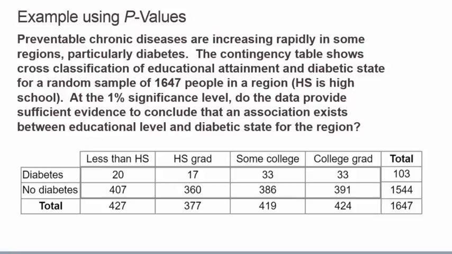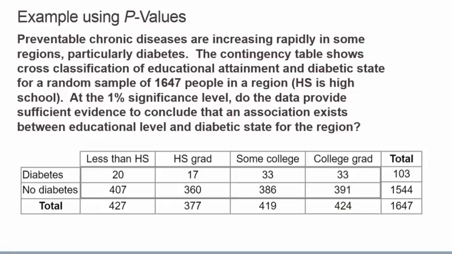Diabetes, some college, 33. No diabetes, some college, 386, for a total of 419 under some college education. College grad, diabetes is 33. College grad, no diabetes is 391, for a total of 424 under college grad.